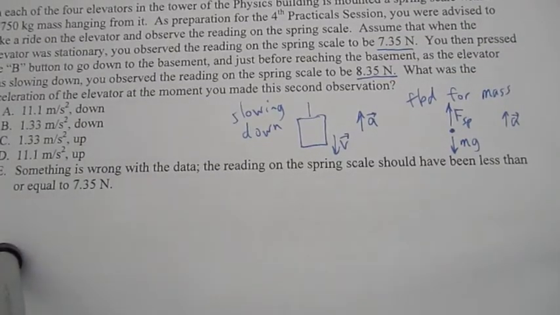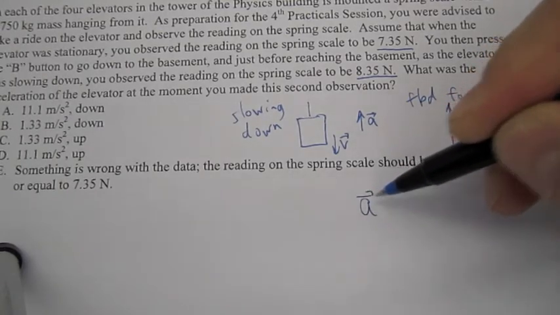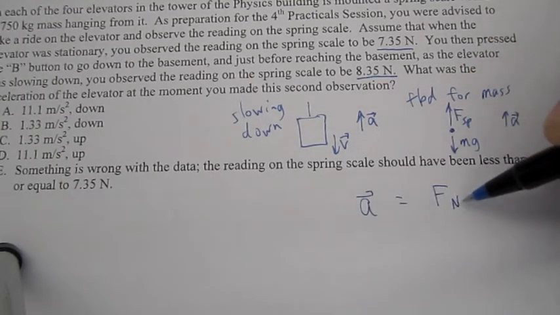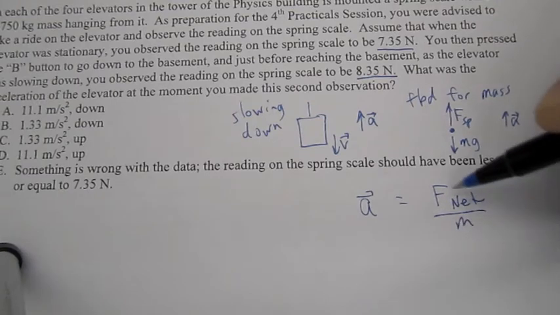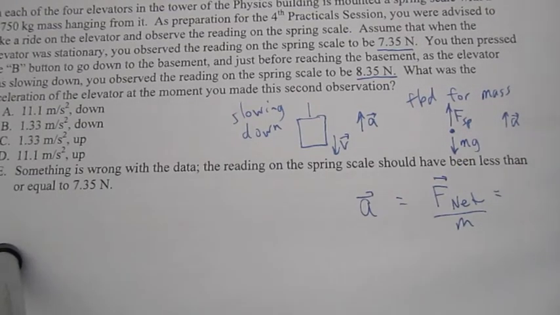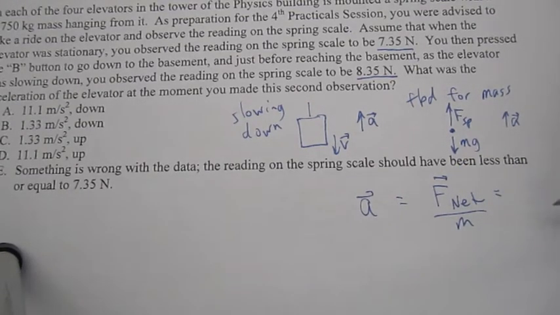So Newton's second law is that the acceleration is equal to the net force divided by the mass. And so in this case, that's going to be the spring force minus mg divided by the mass.